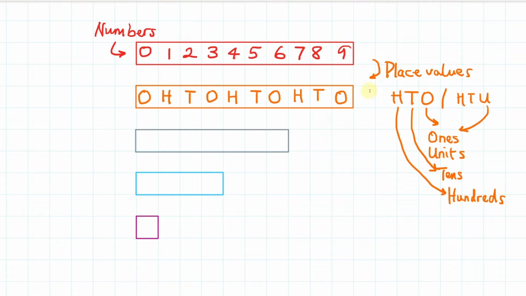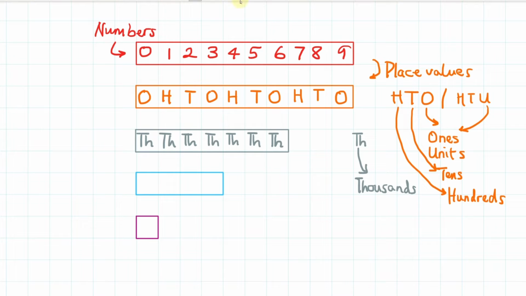And so once we have this, we're going to move down to the next bigger place value, and this next bigger value is going to be represented as TH, and TH stands for thousands. And so once we have that, we're going to repeat it: thousands, TH, and TH right there.